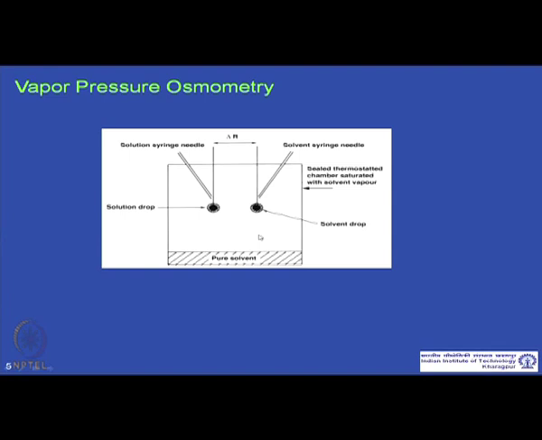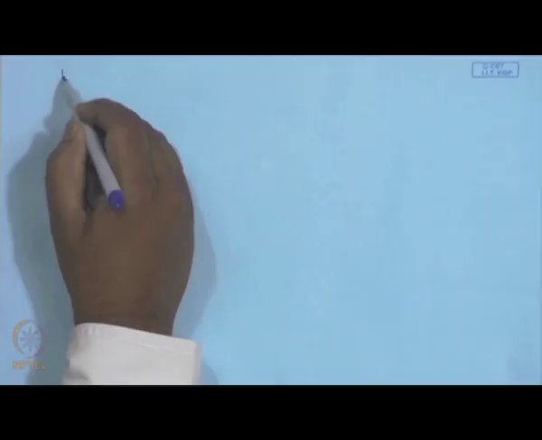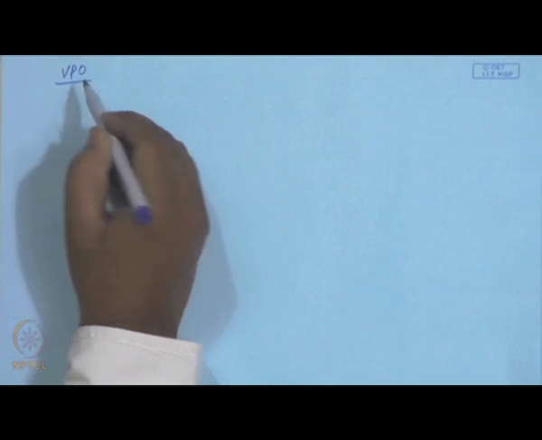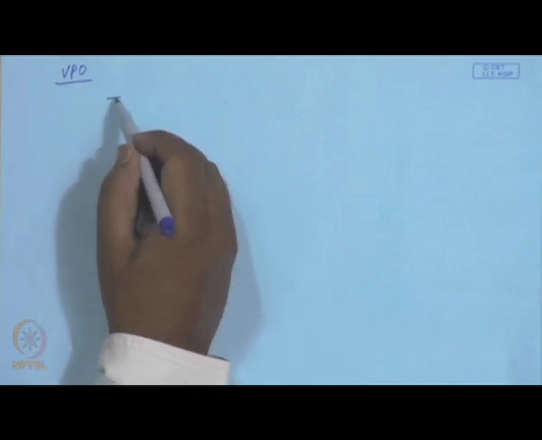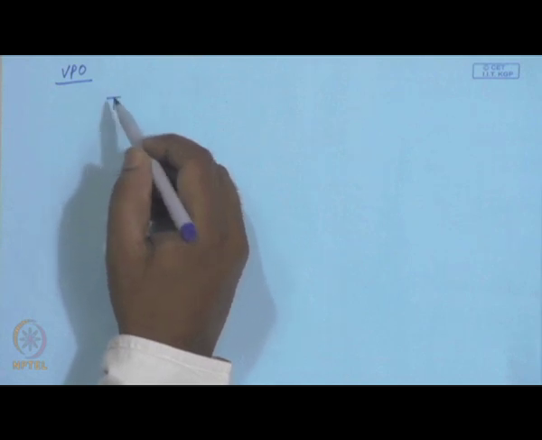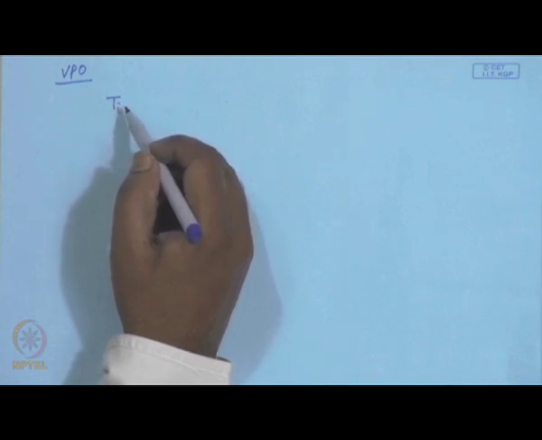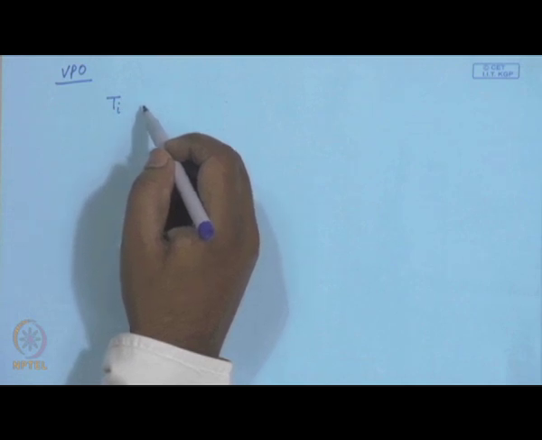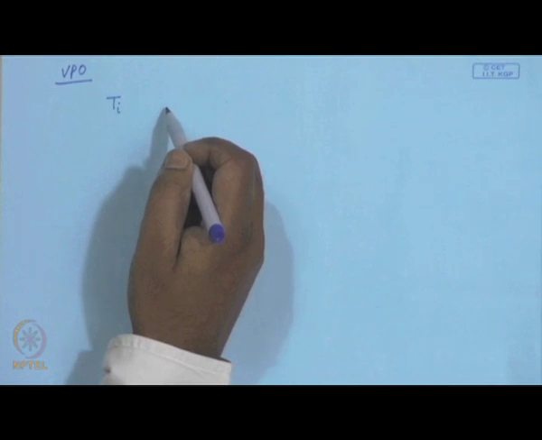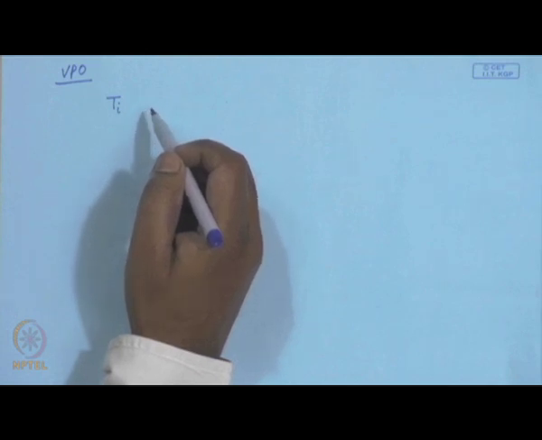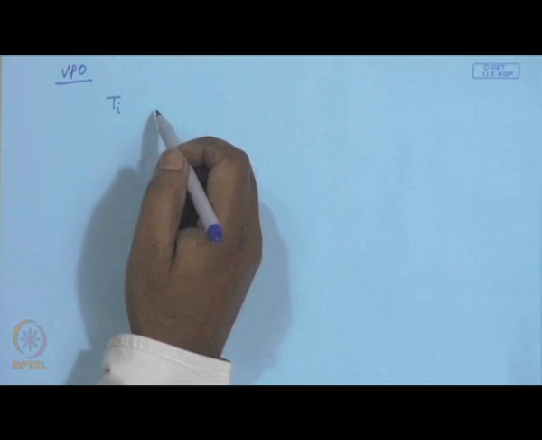So, basically we started with VPO, vapor pressure osmometry. We started with T initial, the temperature of the thermostated chamber which is filled with solvent vapor, and we add one drop of solution on one thermistor and one drop of solvent on the other thermistor.